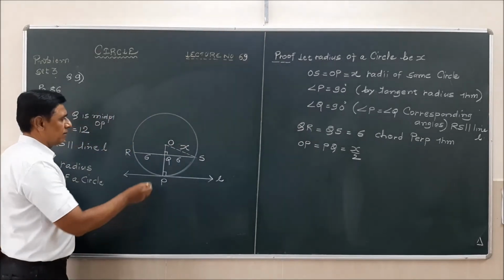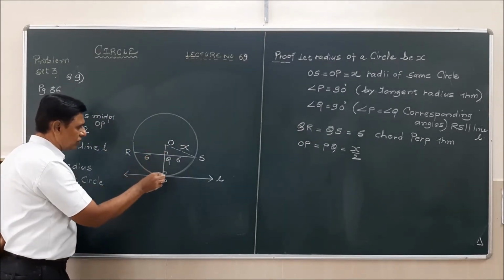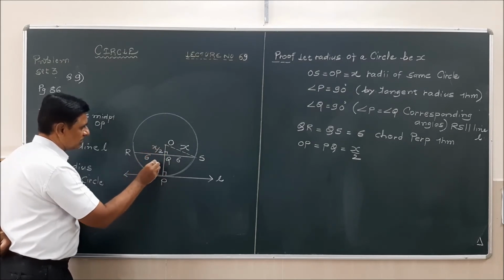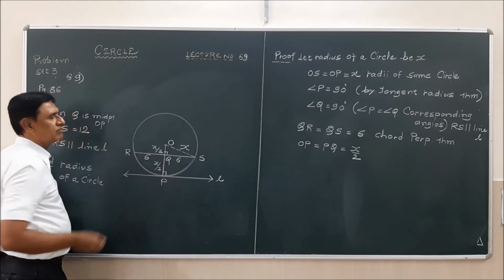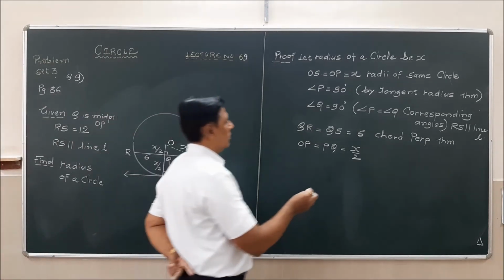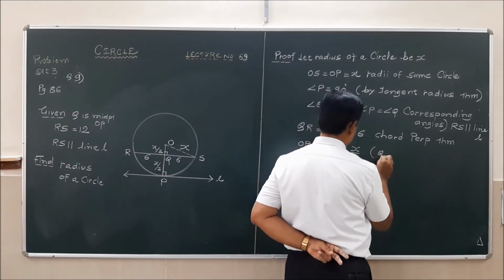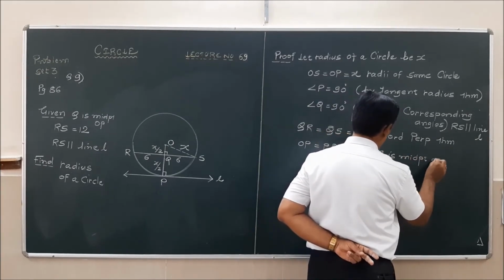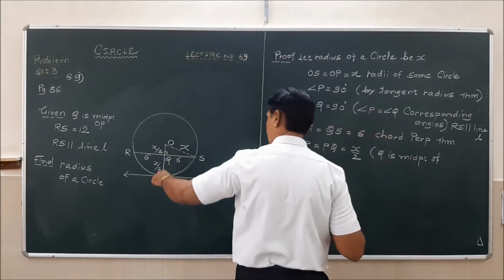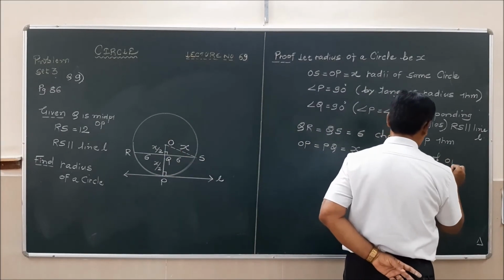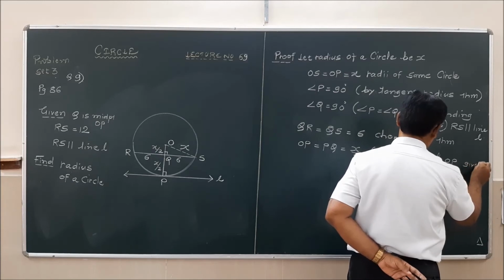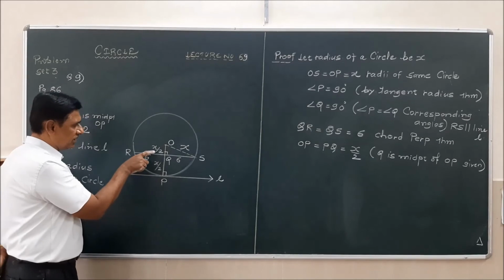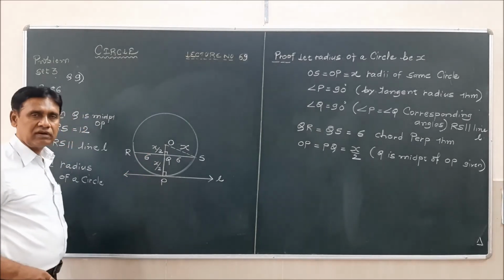Q is the midpoint of OP, so this is X upon 2. This is also X upon 2. If Q is the midpoint of OP, but OP is X, therefore this is X upon 2.